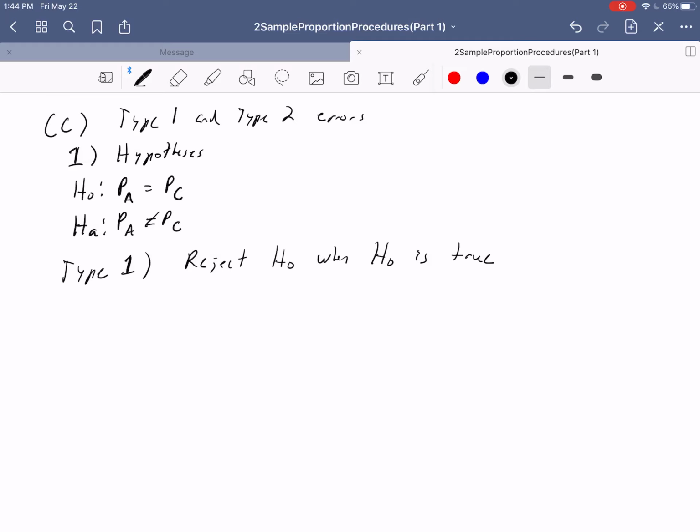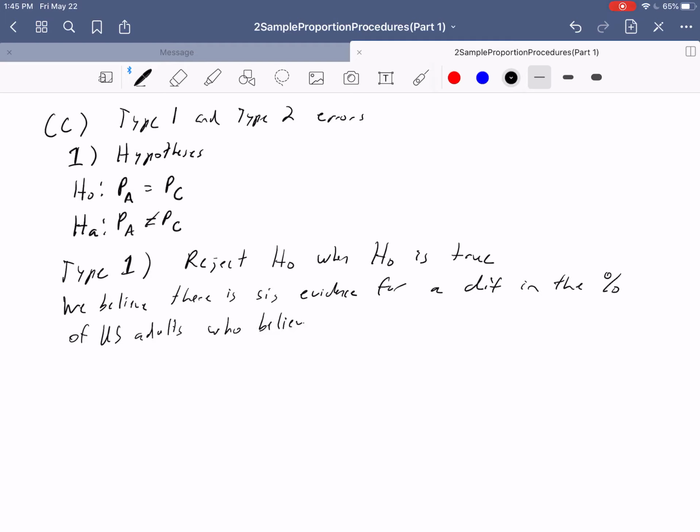So this is where we believe there is significant evidence for a difference in the percentage of U.S. adults who believe global warming is a serious issue compared to Canadian adults.